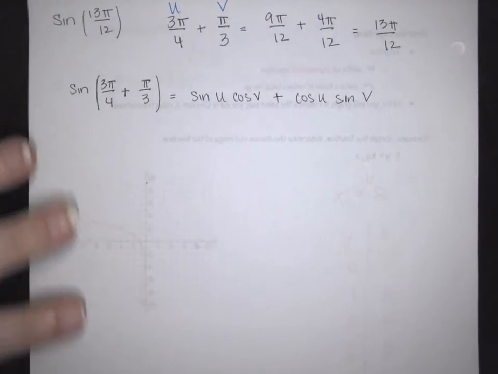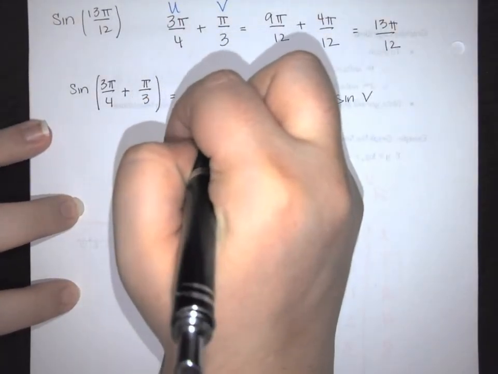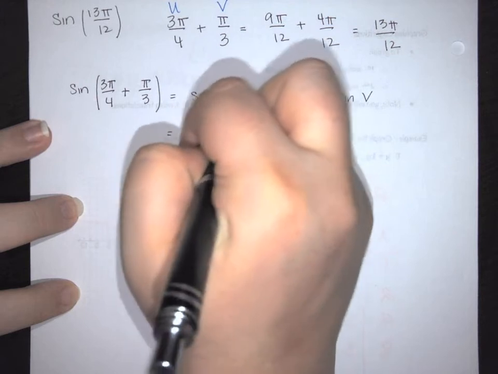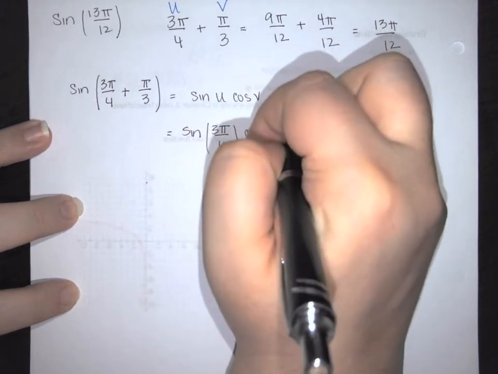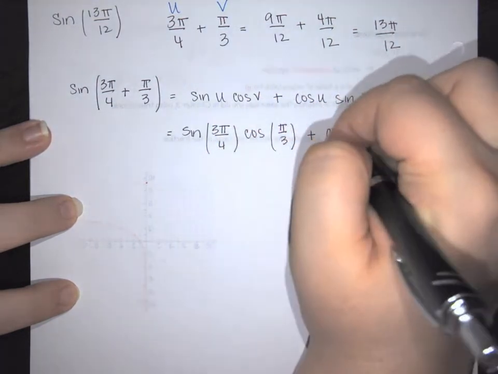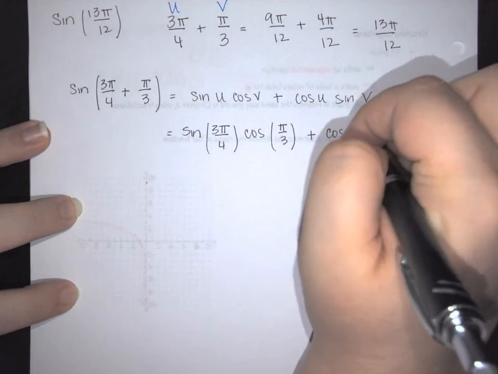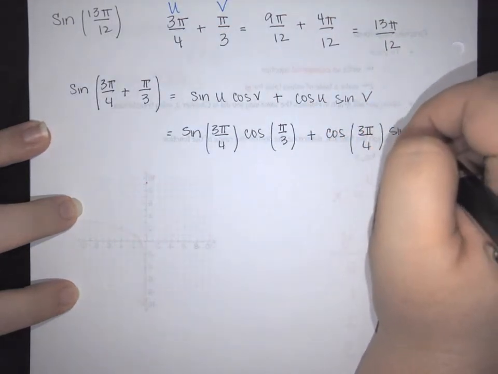So we're going to plug our information in. Here I want the sine of 3 pi over 4 and the cosine of pi over 3, plus the cosine of 3 pi over 4 and the sine of pi over 3.